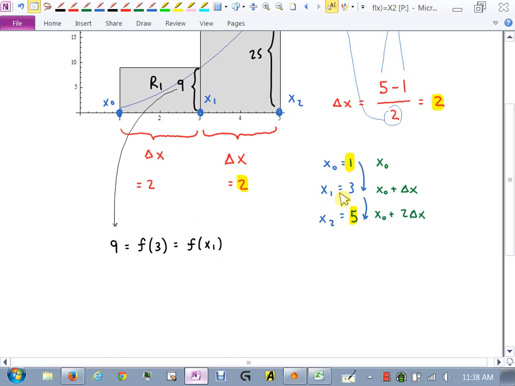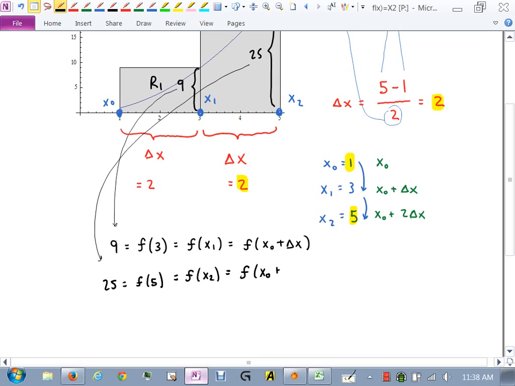Because what's x1? x1 is 3, yeah? Which is the same as f of x naught plus delta x. What about the 25? What's that? That's f of 5, which I could also have written as f of x2, which I could also have written as f of x naught plus 2 delta x's.